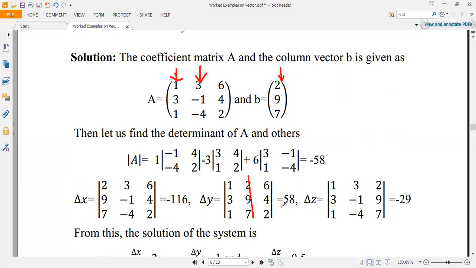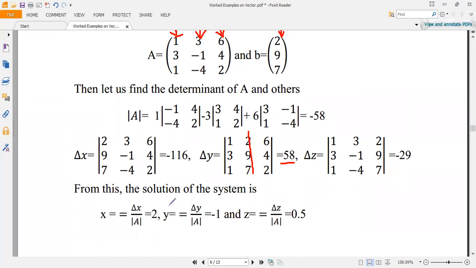We obtain this determinant 58, and the change in z is a determinant obtained by replacing the third column with the column vector B, which is 29. Then the solution to the system: x is obtained by the change in x over the determinant of A, which is minus 116 over minus 58, which is 2.